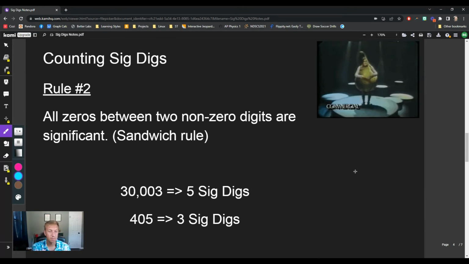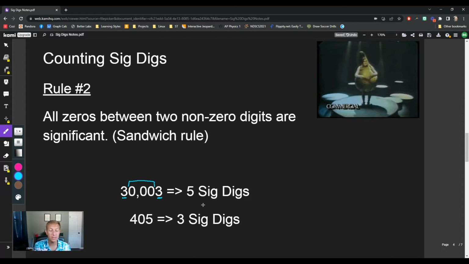So rule number 2, this is the sandwich rule. All zeros that are between two non-zero digits are significant. Looking here, these are 2 examples of the sandwich rule. I've got 2 non-zero numbers, 3 and 3, and I've got 1, 2, 3 zeros sandwiched between those 2.